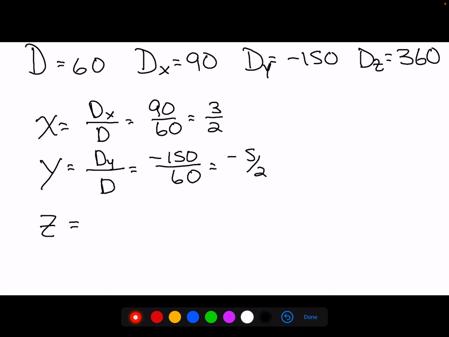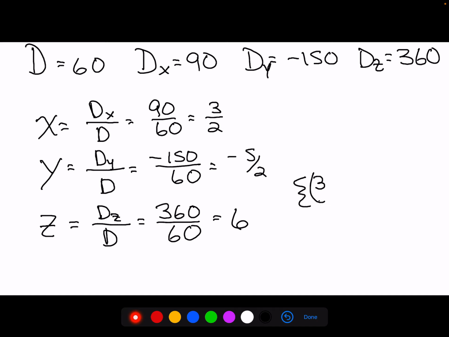And if we want z, we do d sub z over d. So that's 360 over 60. That reduces to 6. So our solution set is the ordered triple, 3/2, comma, negative 5/2, comma, 6. So there's the solution to that 3x3 system.